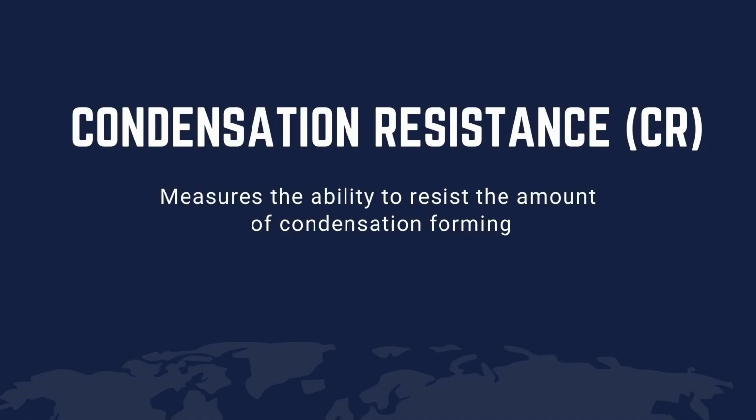And then there's the last but not least, condensation resistance, or CR. That measures the ability of the product to resist the formation of condensation on the interior surface of that product. The higher the CR rating, the better the product is at resisting the condensation formation.